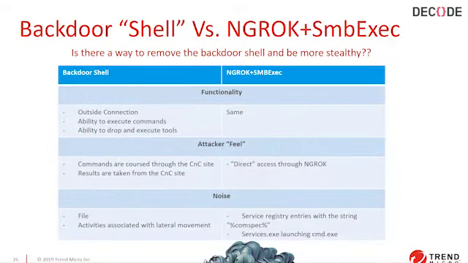So for the backdoor shell, basically you have the functionality of being able to remotely control the host from the outside, and the ability to execute a lot of commands. For most backdoor shells, you would probably be able to do whatever you like. Also, it has the ability to drop and execute tools.